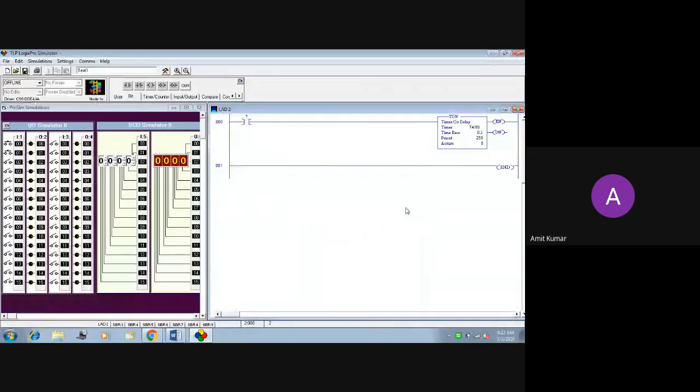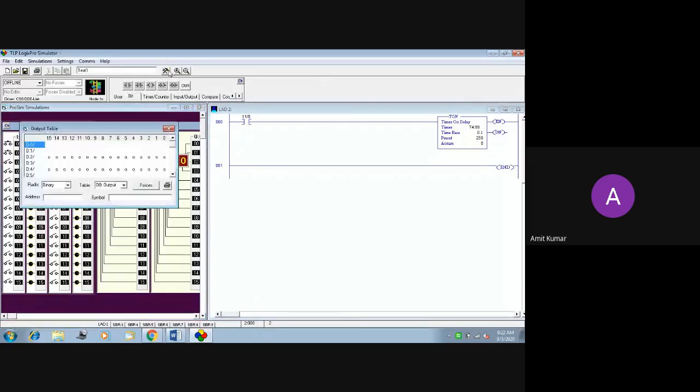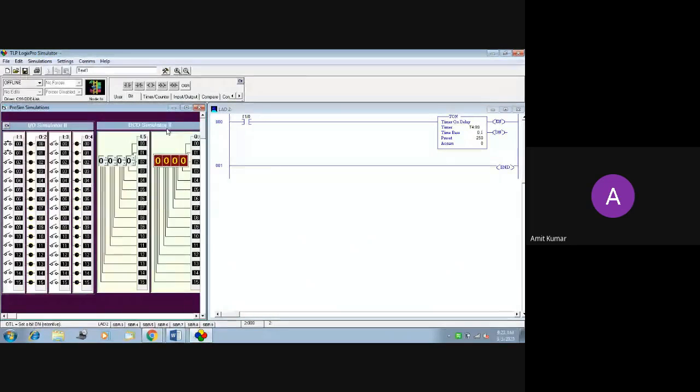Now in the IO simulator, I place a number here. Okay, so now we will run this program and I will show you when the enable bit will be high. Now if I run, the enable bit will be low.